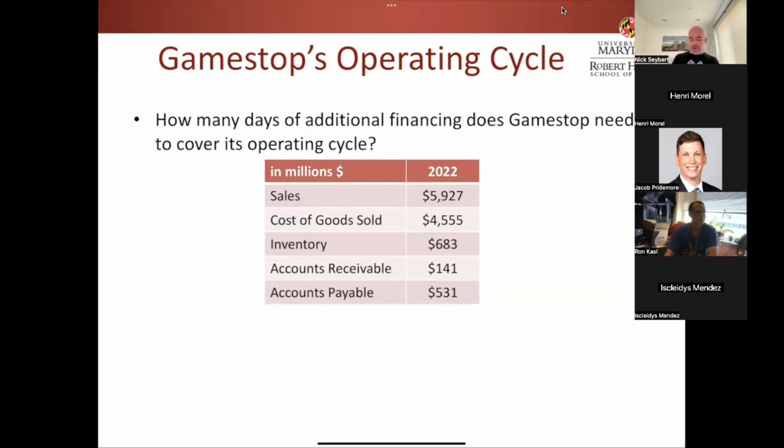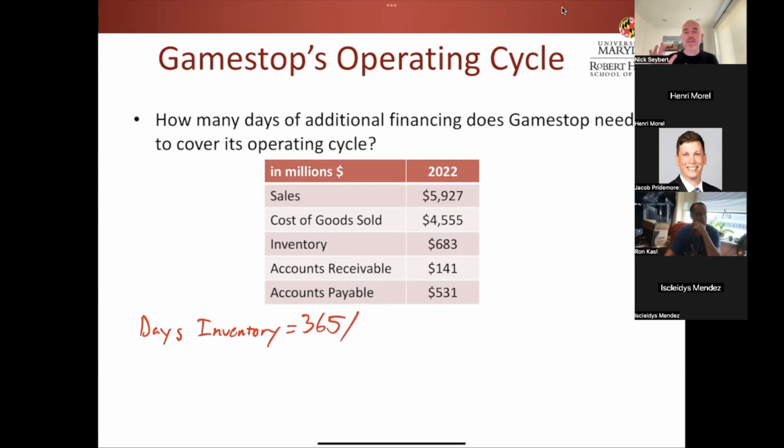All right. So first we'll do how many days it takes to sell inventory. The days of inventory is going to equal 365 days divided by the inventory turnover ratio. And the inventory turnover ratio is cost of goods sold divided by inventory.